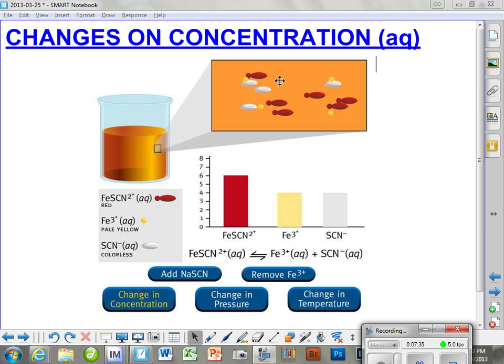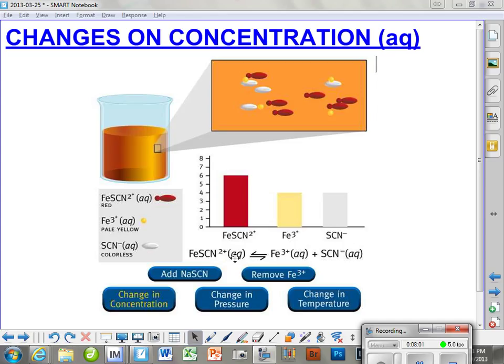Now, what we're going to do is watch an animation, and I'm going to be describing what happens in each animation. But first of all, we want to understand what it is that we're really watching. You notice you have this now on your paper, under concentration, and you'll notice that everything here is labeled as AQ.